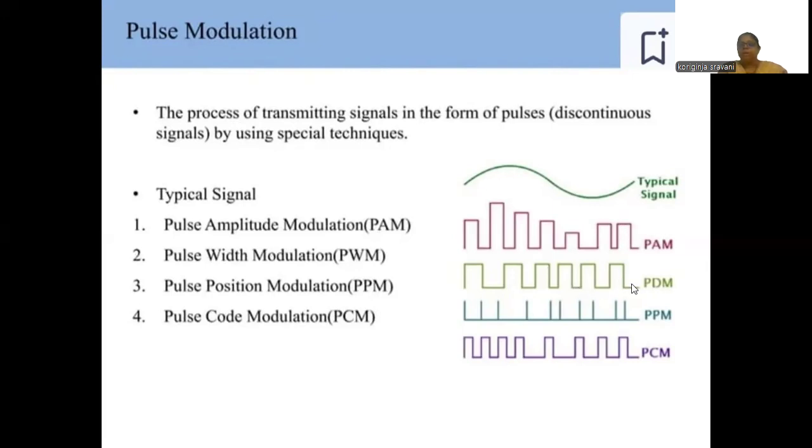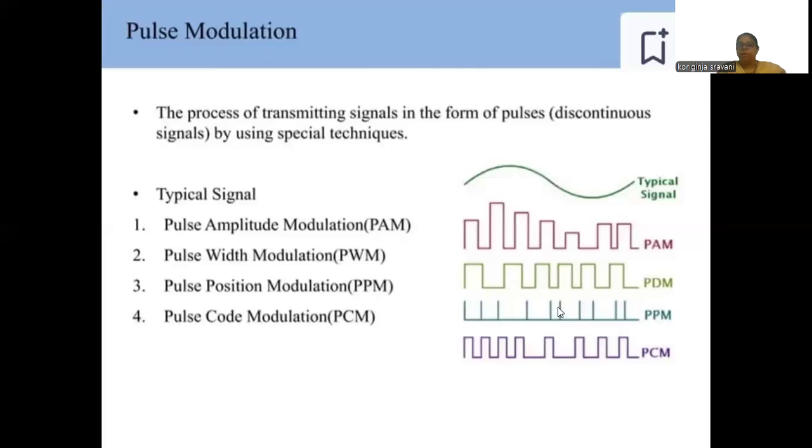While coming to pulse duration modulation or pulse width modulation, the width of the pulse is going to vary with respect to the amplitude of the message signal. The another one is pulse position modulation. In PPM, the position of the pulses varies.